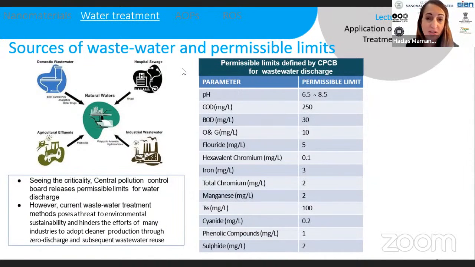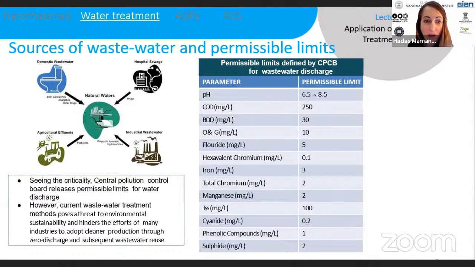By the way, hospital sewage is not mandated in many cases as industrial-based sewage. So surprisingly, it doesn't always have to go through the same rigorous limitations as industrial-based wastewater. You know, it's very surprising, but in many cases, this is the case.